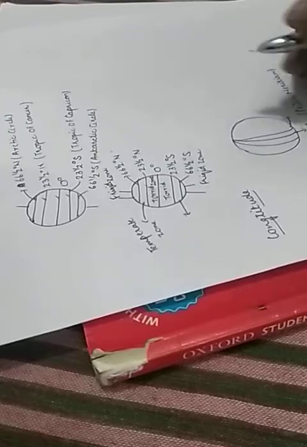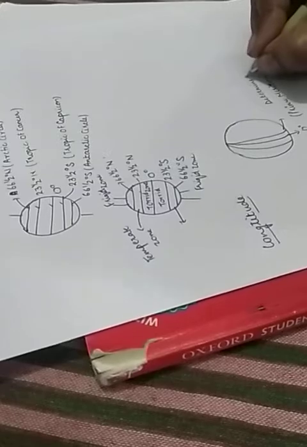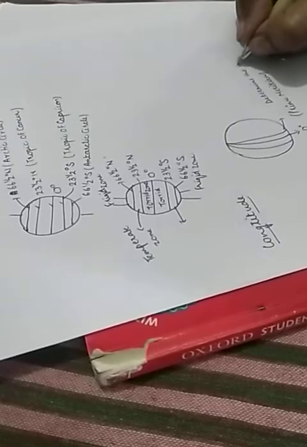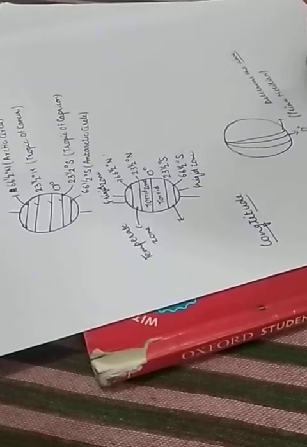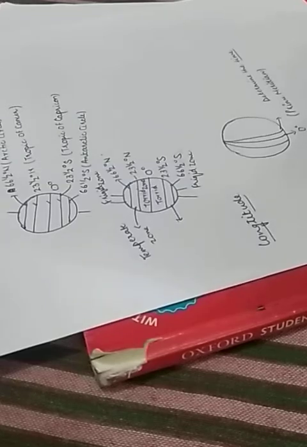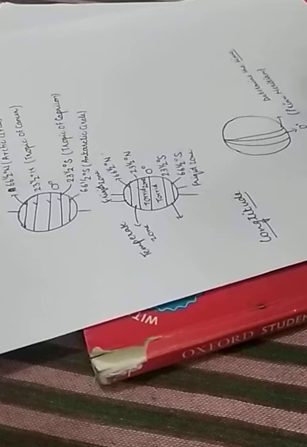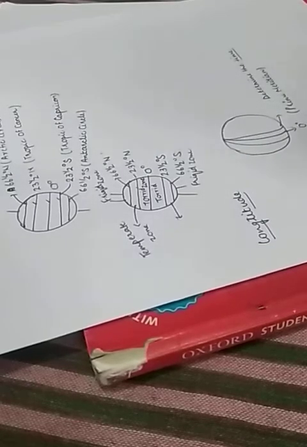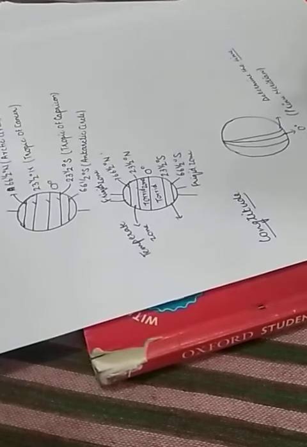These longitudes help us to determine the time. India's standard meridian is at 82.5 degree east.